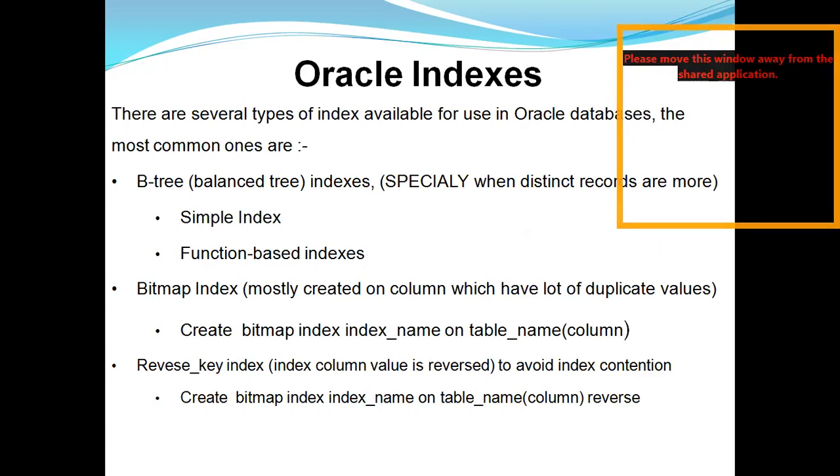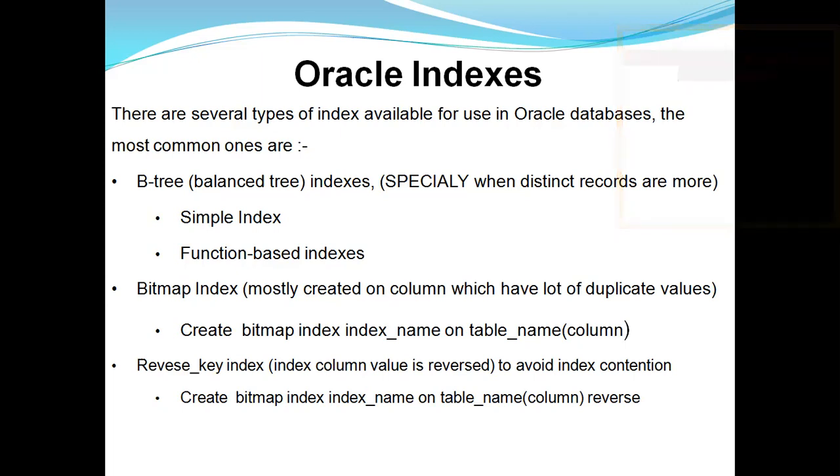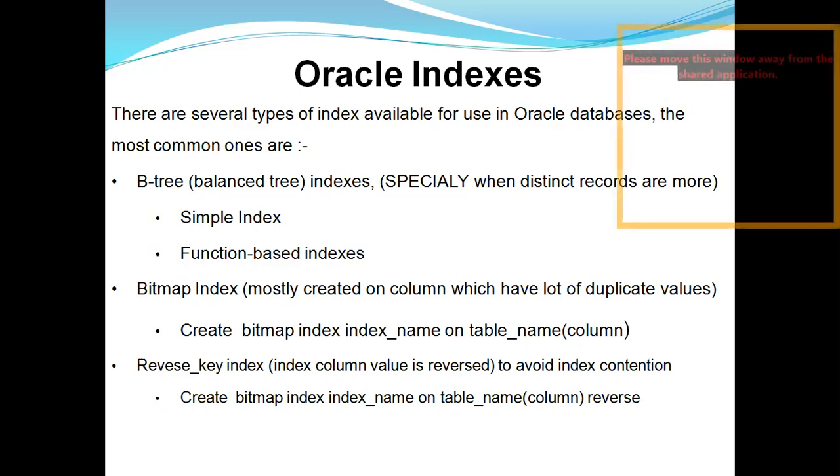What is a B-tree index? A B-tree index is a balanced tree index. This is created especially when distinct records are more. Distinct more means what? When you don't have many duplications, then we create B-tree indexes.